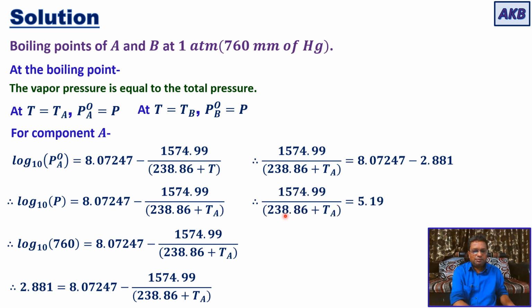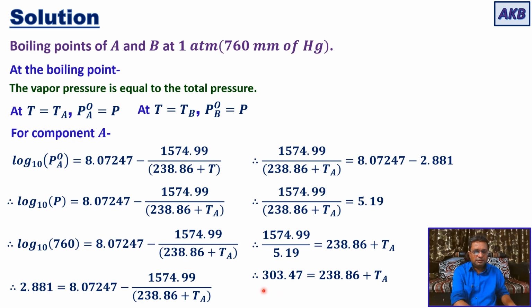The next step gives us this difference, which is 5.19. Then I bring this term to this side and this term to this side, so it will be 1574.99 divided by 5.19 is equal to 238.86 plus TA. This division is 303.47 is equal to 238.86 plus TA.